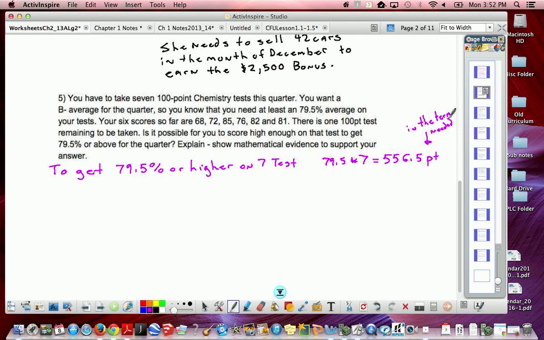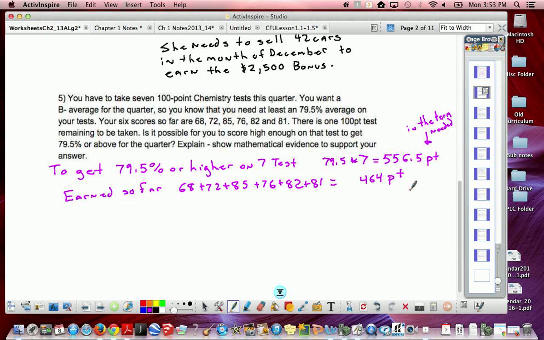So the question is, what have we earned so far? Well, let's add them up. So 68 plus 72 plus 85 plus 76 plus 82 plus 81. That adds up to 464 points.